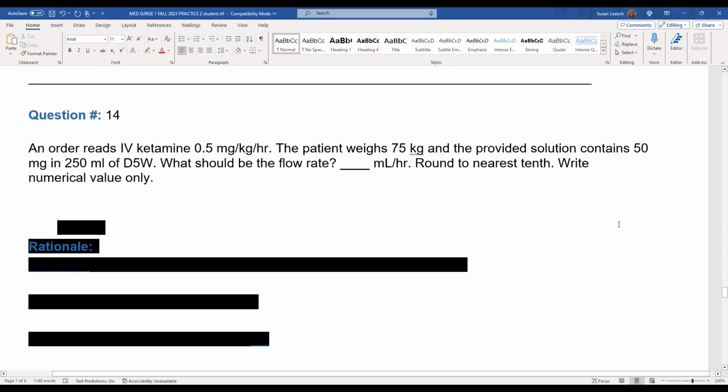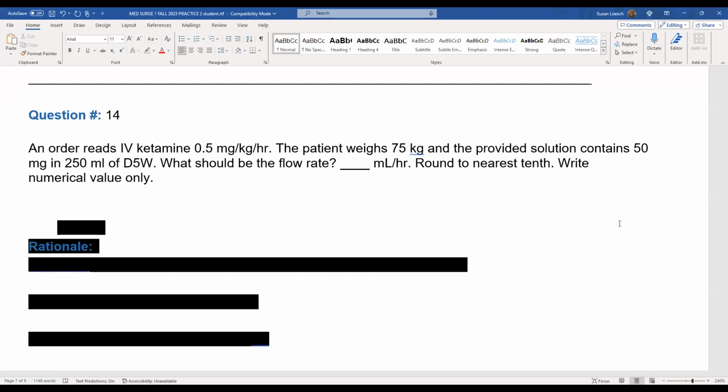Okay, this is just a regular weight base, so you should be able to do this one. You notice that everything here is what? What's the difference here between this one and the one that we just did? They're asking for mLs per hour. Well, the answer was mLs per hour for the other one too, but look at your strengths and look at how your order is ordered.